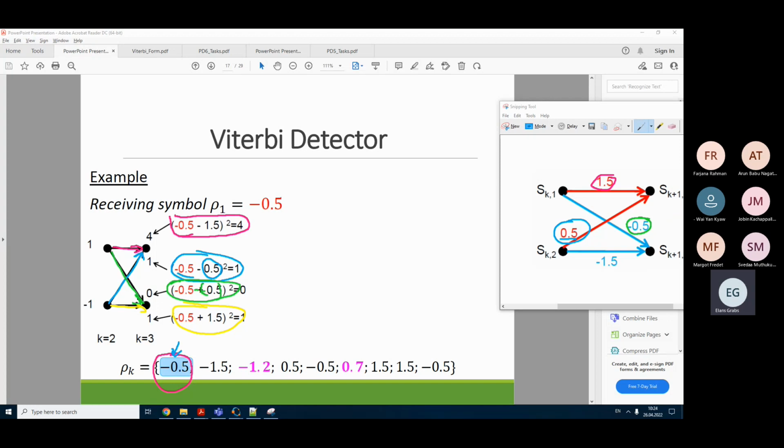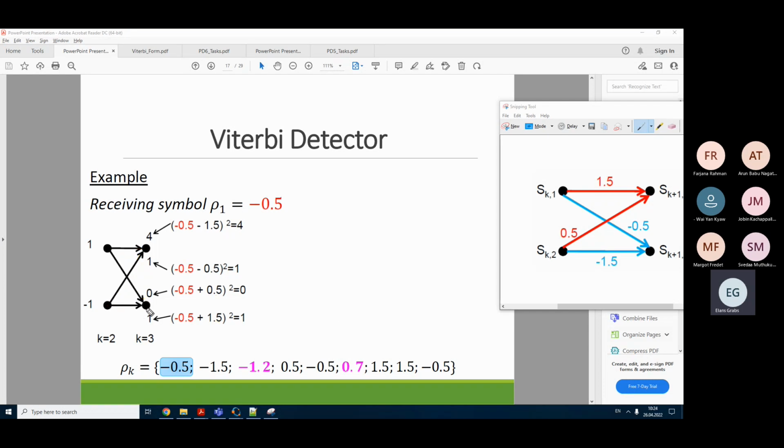So we have calculated 4 metrics for this received symbol minus 0.5 with all the possible metrics respective to the specific transition. So basically this transition had metric 1/2, this transition had minus 0.5, this transition had plus 0.5, and this had minus 1.5.